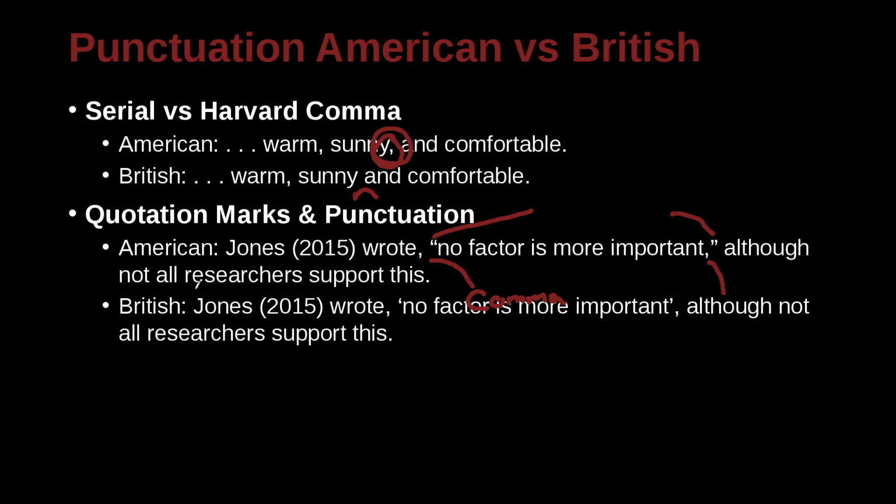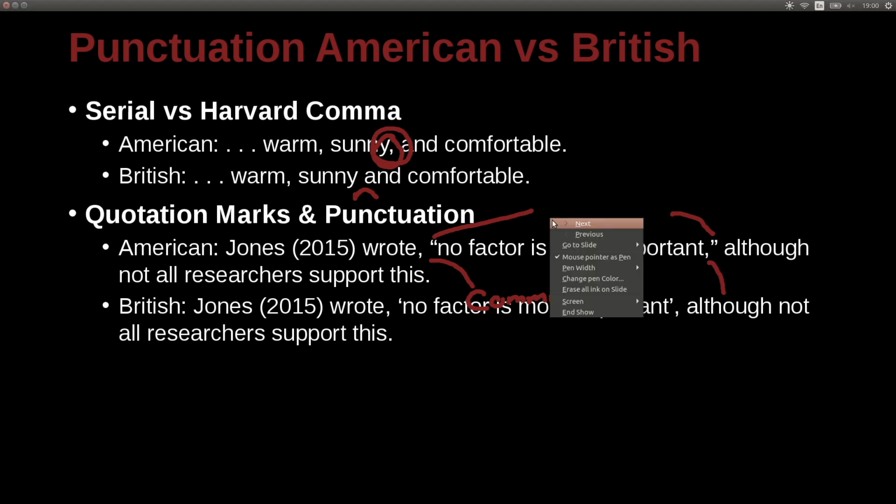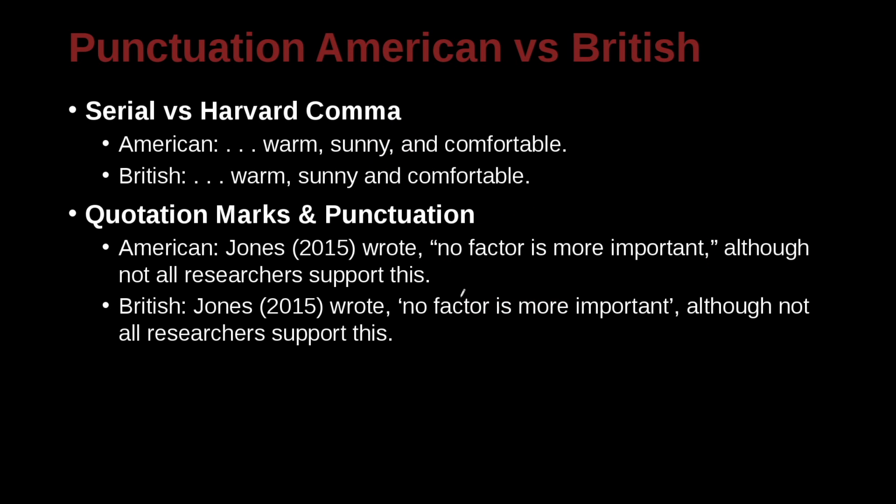Here's the British approach. It would be Jones 2015, no factor is more important. Let me clear the screen here for us. No factor is more important, although not all researchers support this. There's a couple of differences here between the American and the British approach.